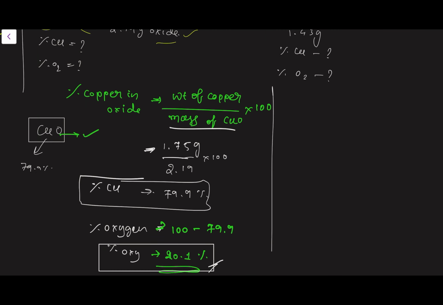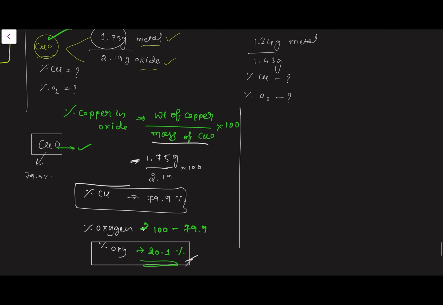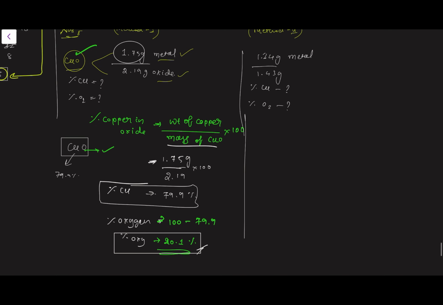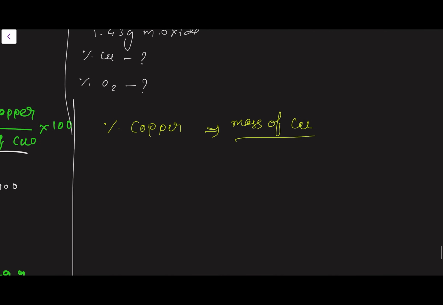Now in method 2, what data do we have? 1.14 gram of metal and 1.43 gram of metal oxide, right? Now we need to find the percentage of copper as well as oxygen. Again with the same method, the percentage of copper is the mass of copper divided by the mass of copper oxide, into 100.